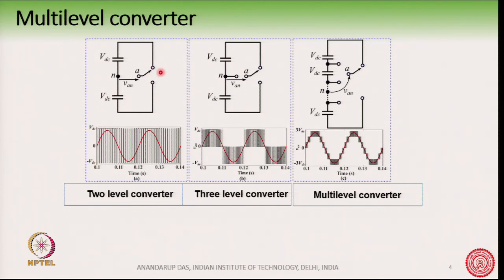These are the two voltages possible at point A. So, it is represented by a single pole double throw switch here. If the switch is on the upper side, we get plus Vdc, and if the throw is on the lower side, we get minus Vdc.